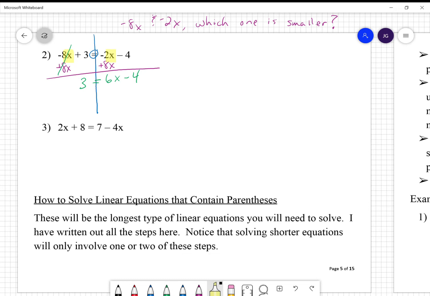Now I went from an equation that had one variable, but it appeared twice, once on each side, to a new equation that's equal to the first equation with a variable just on the right. Okay, it has a 6 next to it and a minus 4 next to it. I'm going to get rid of minus 4 by adding 4 to both sides of my equation.